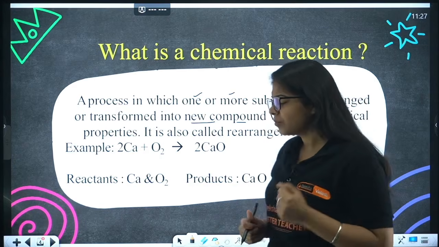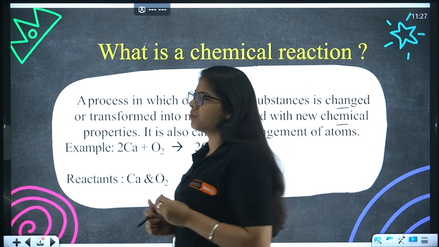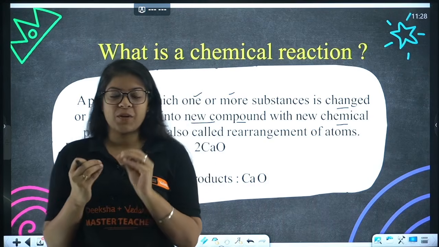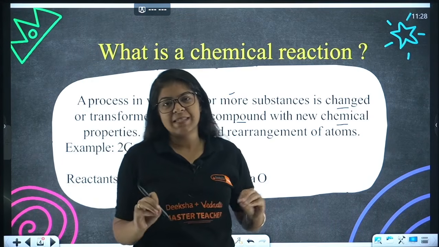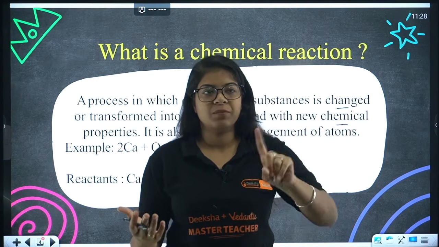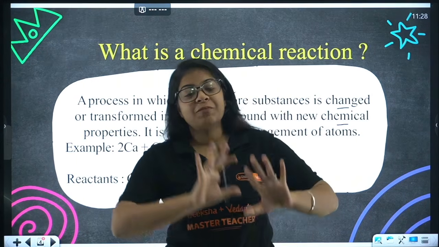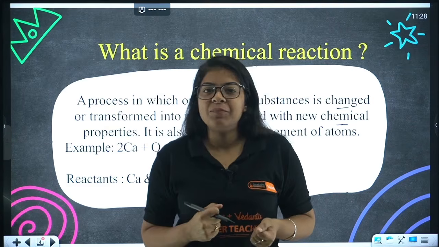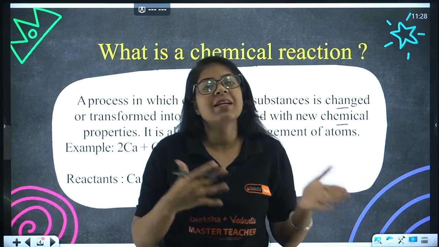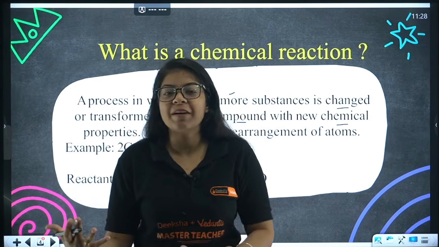Now beta, a very basic question comes here, why do we talk about rearrangement of atoms? Okay, now a very basic thing is, I am made up of atoms, you are made up of atoms. Then why do you look different than me? Why does this camera look like a camera but I look like me? Because of the rearrangement of different kinds of atoms, right?